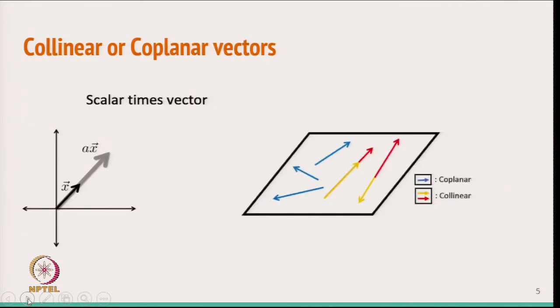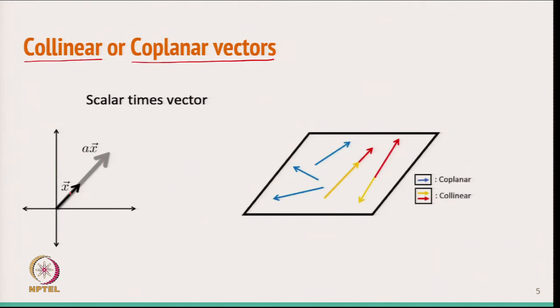Now, after this one I want to discuss one more term: what is the meaning of collinear or coplanar vectors, because from there we can check whether a set is going to be linearly independent or dependent. So, like this one, in this case it is just a vector multiplied by some scalar.